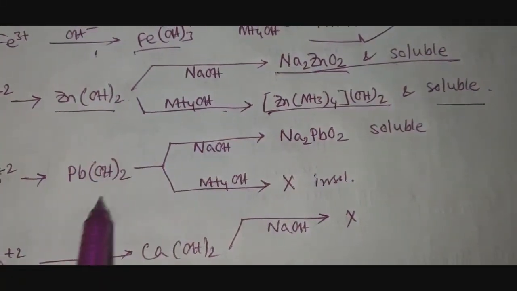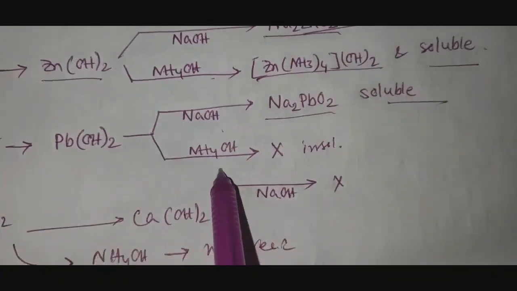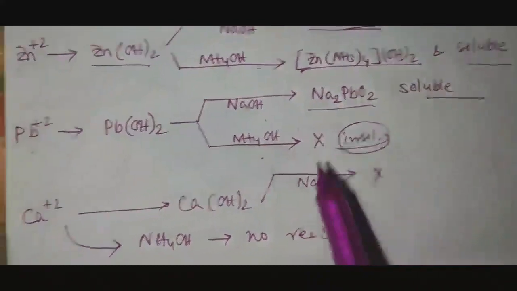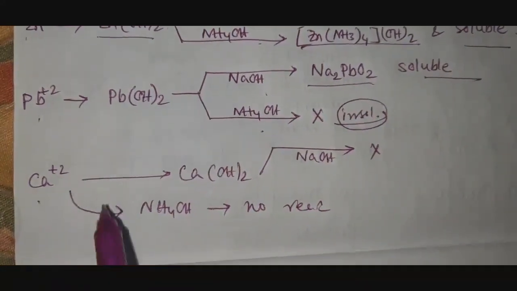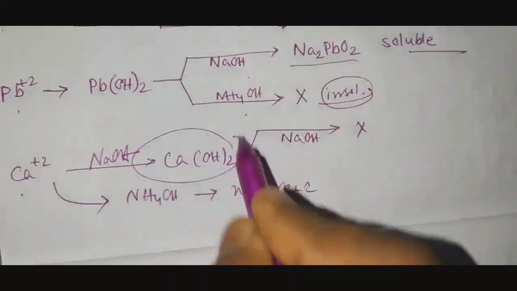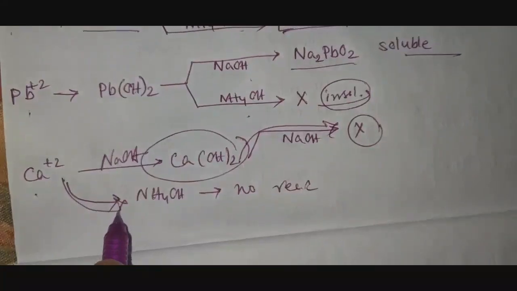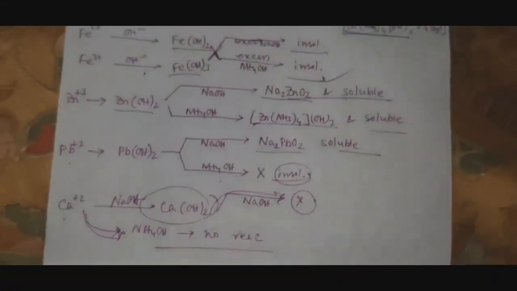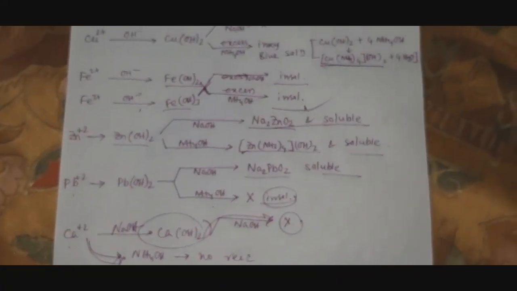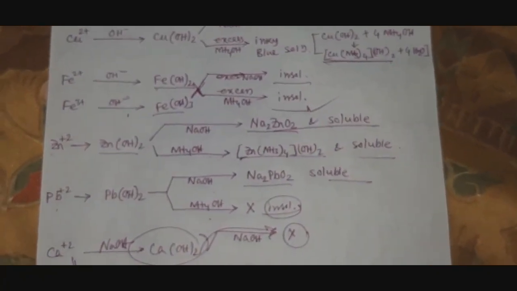Lead forming Pb(OH)2, with sodium hydroxide, sodium plumbite soluble, with ammonium hydroxide remains insoluble. Coming to calcium ion, with small amount of NaOH, calcium hydroxide is forming, excess insoluble, and with ammonium hydroxide no reaction. So it is very easy. Simply remember that it is forming their corresponding hydroxide and whether they are soluble or insoluble.